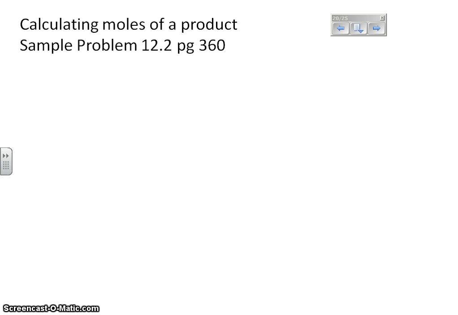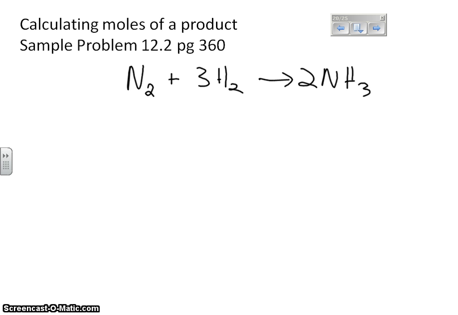Now remember, we're going to use the equation that we used on the previous page. So the equation is N2 plus 3H2 produces 2NH3.